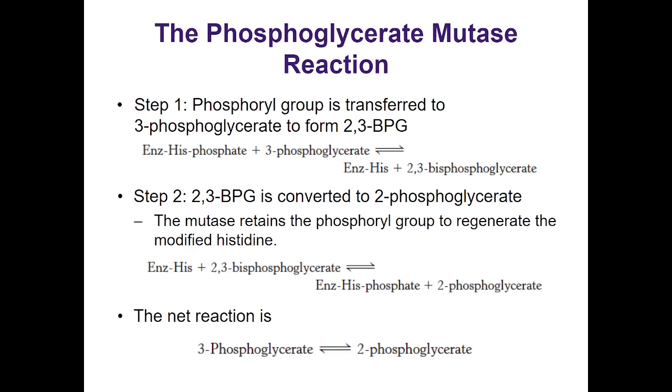Instead of moving it, we're literally swapping them on and off. See that? So where does the phospho that's on here come from? The previous 3-phosphoglycerate, right? Not the current one. Okay, so again, that's the net reaction, which you guys have been seeing in this overall flow of reactions.